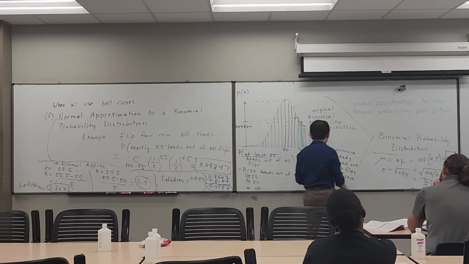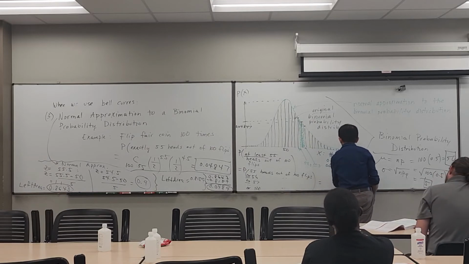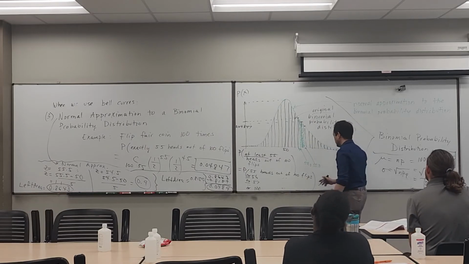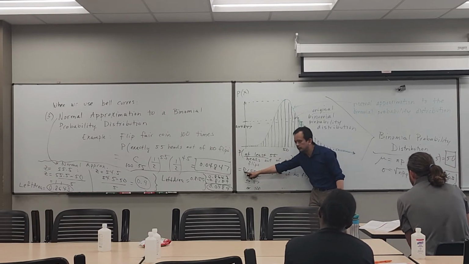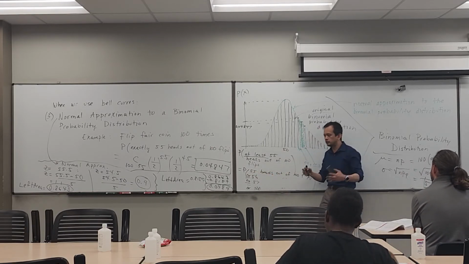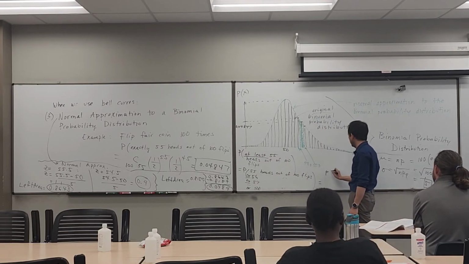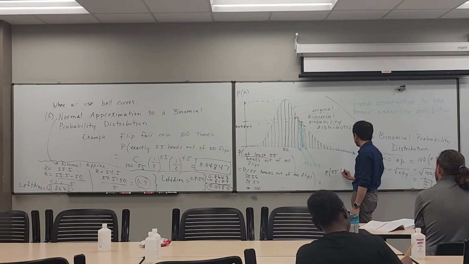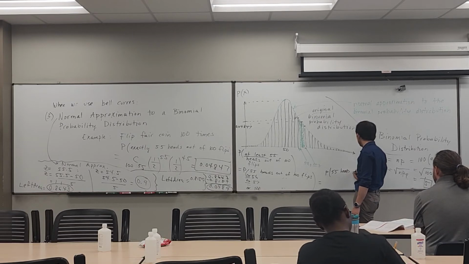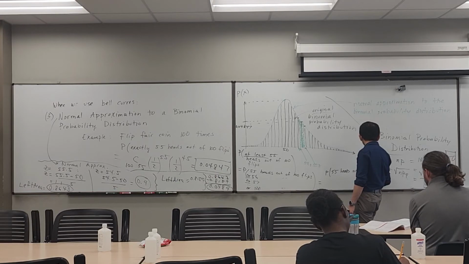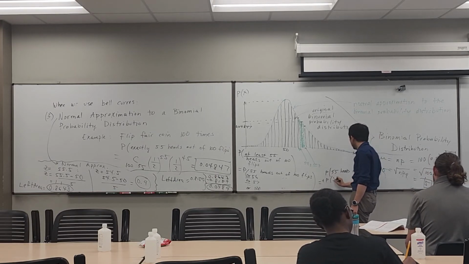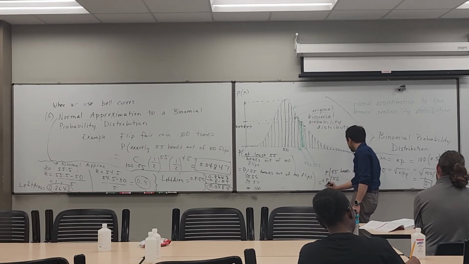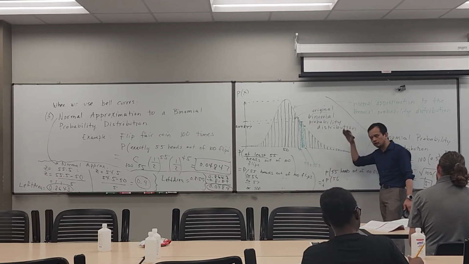So what that means is, to find this probability, that's the same as splitting it up into probabilities of separate events and then adding all those together. So this is the same as the probability of 55 heads out of 100 flips, plus the probability of 56 heads out of 100 flips, plus the probability of 57 heads out of 100 flips, all the way up to 100.